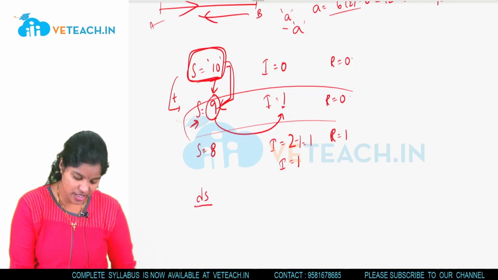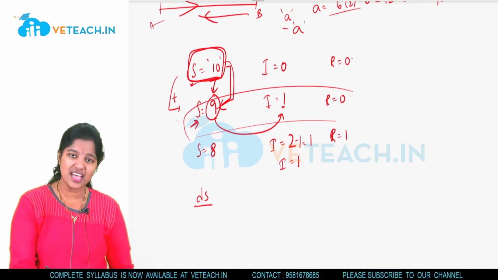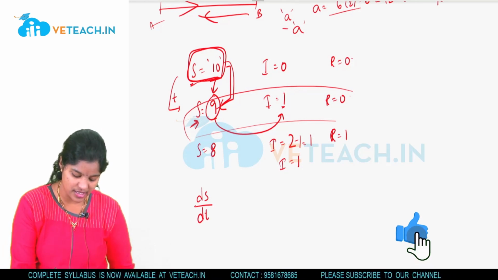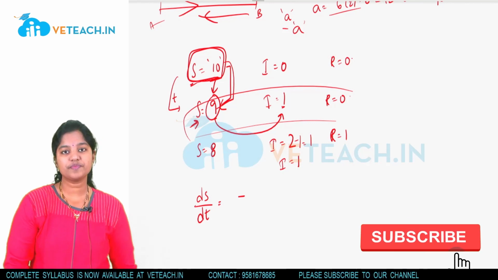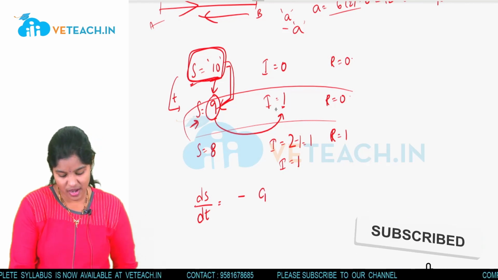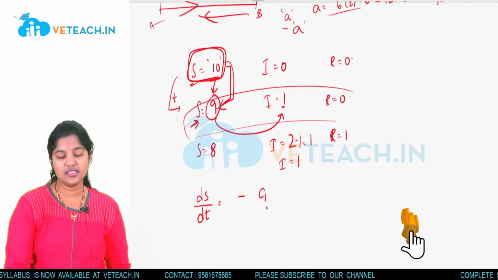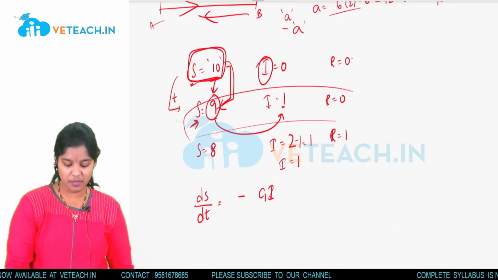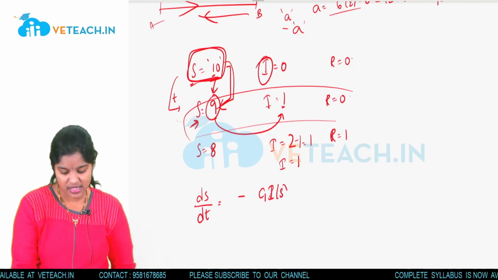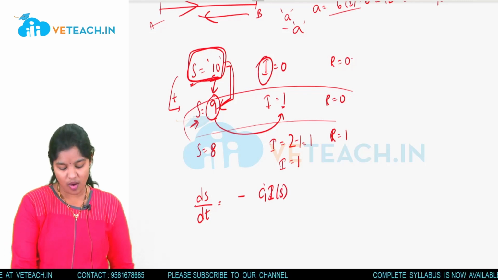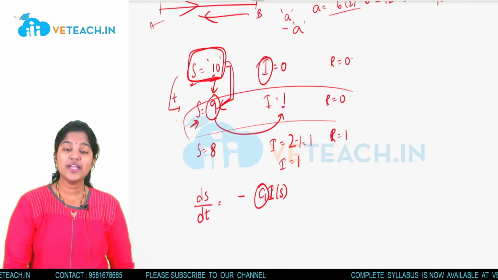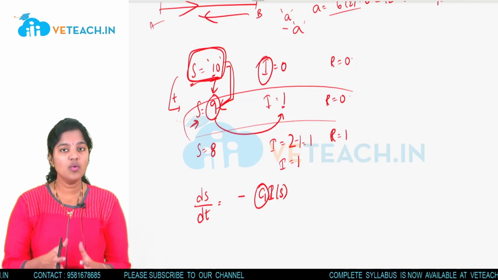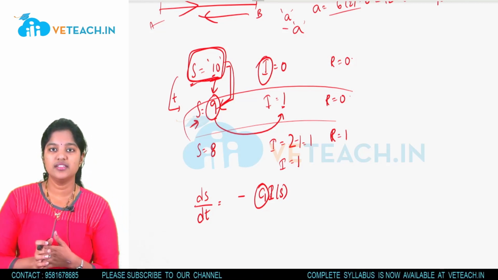That is, the rate of change of the susceptible people, that is healthy people, is going on decreasing. So minus C1, let it be some constant, into infected persons into healthy persons. What is the value of C1 here? It depends upon how likely we are to get sick.